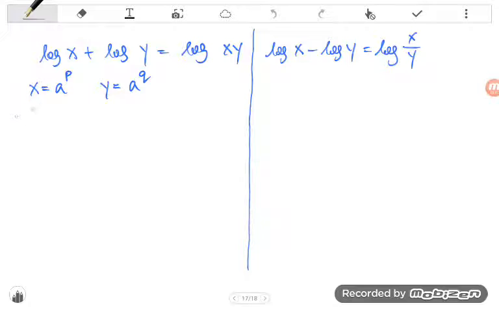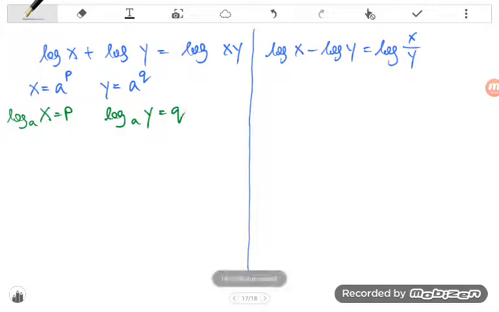If I convert them to log form, I'll have log x to the base of a is equal to p, and log y to the base of a is equal to q, because remember, log always gives us the exponents.